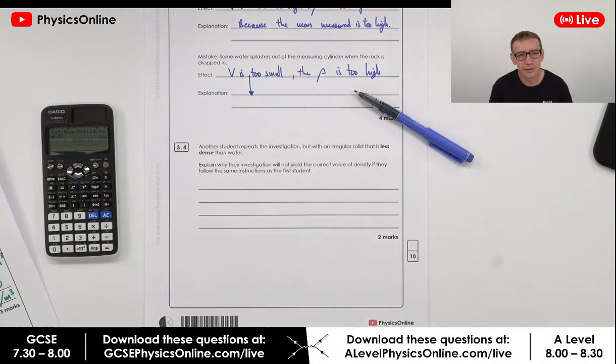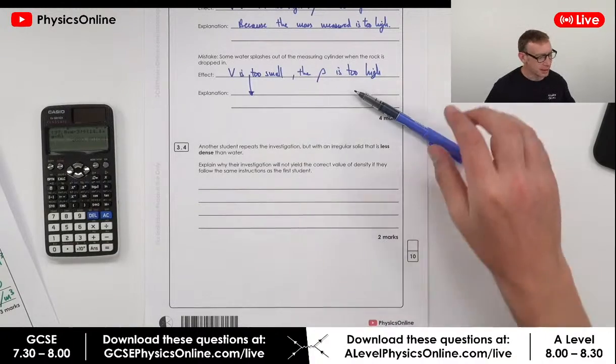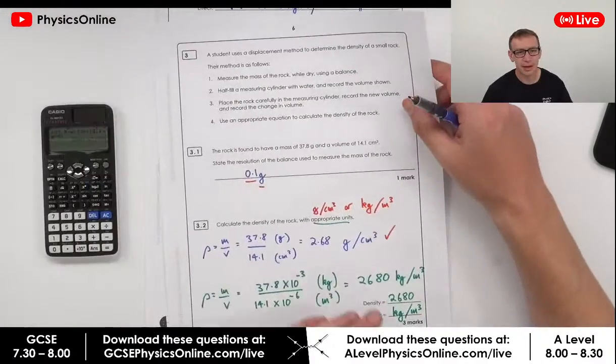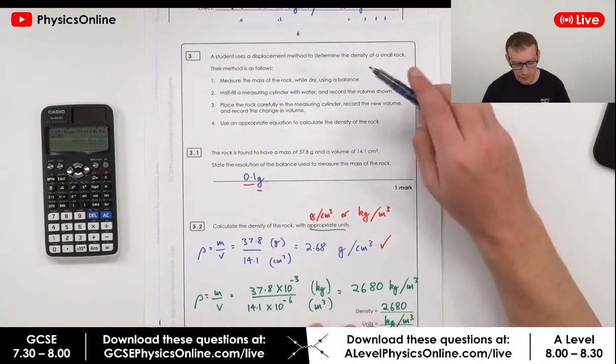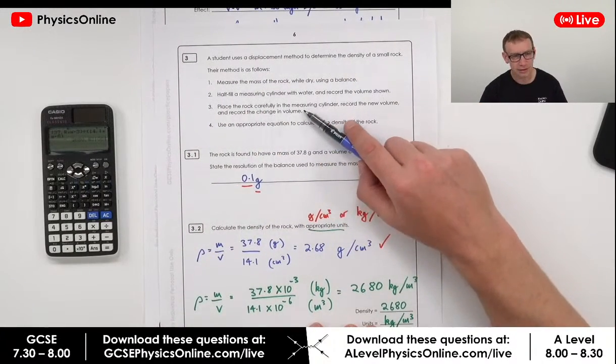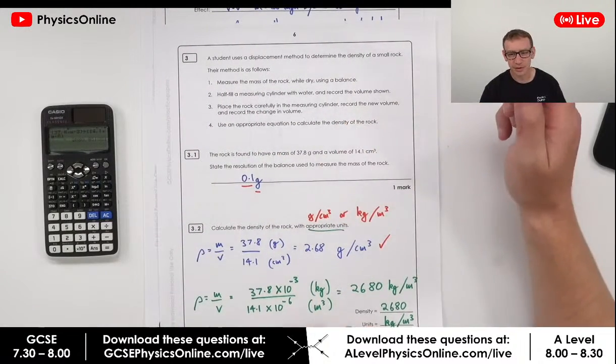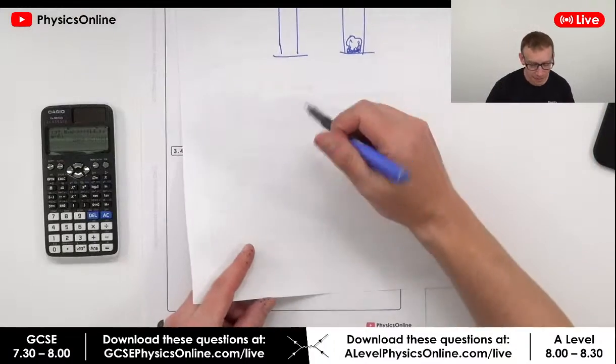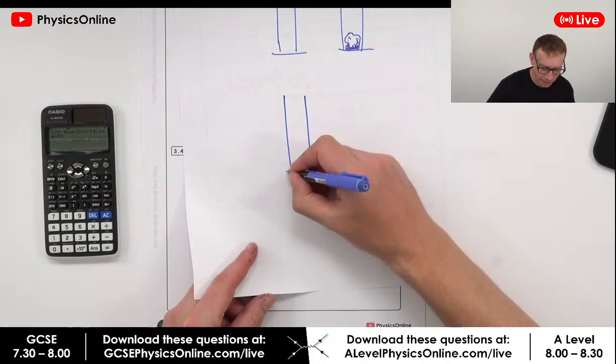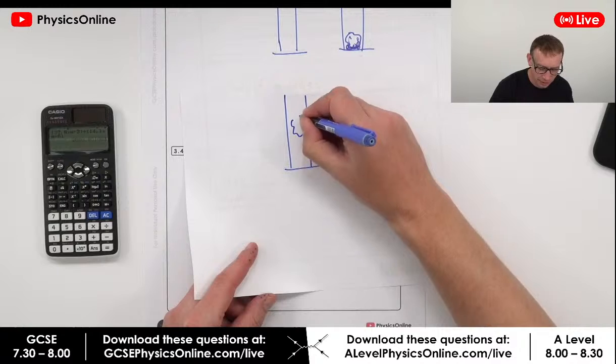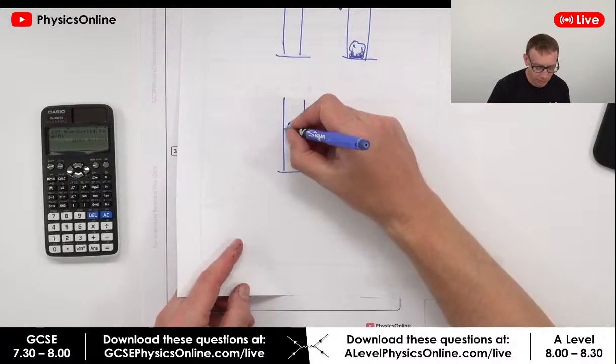So this time they used an irregular solid. It's less dense than water. Basically all they did in the method on the previous part was place the rock into the measuring cylinder and measure the volume. Now imagine we've got the same thing, but the irregular solid's density is less than water.